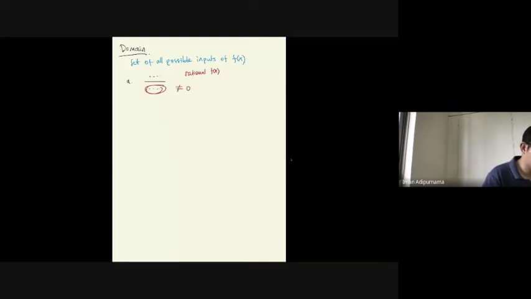Okay, that's the first one, A. Or B, if you have a square root of something, this one should be greater than or equal to 0, right? You can have 0 inside, but negative, no. So this is square root.